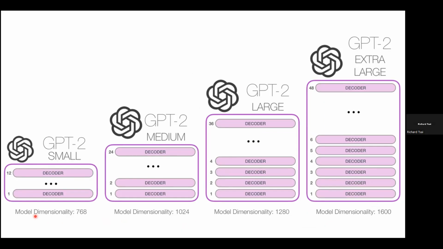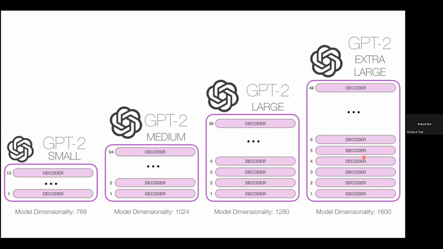So GPT-2 Small employs 768-dimension embeddings and comprises 12 decoder layers. In contrast, GPT-2 Extra Large utilizes 1,600-dimensional embeddings and boasts a total of 48 decoder layers.